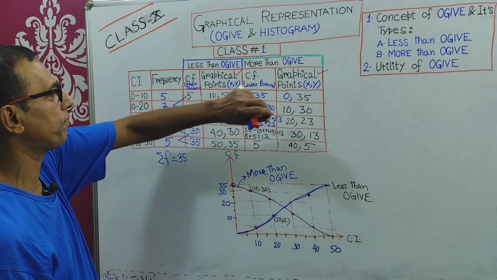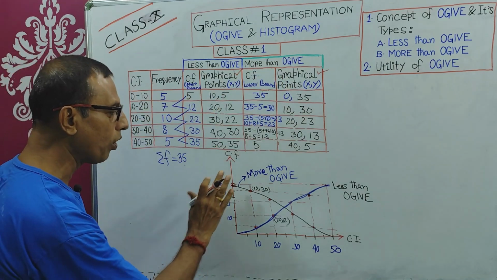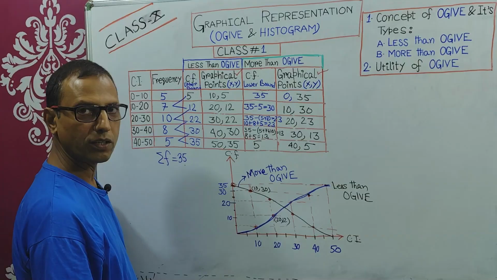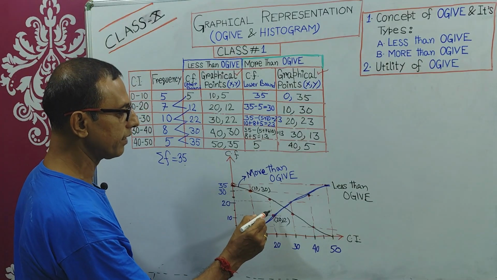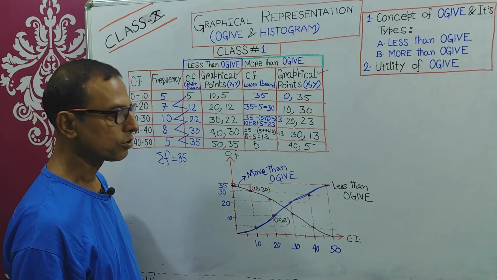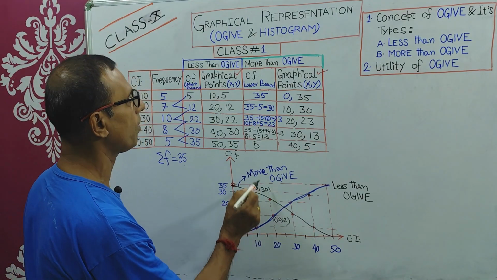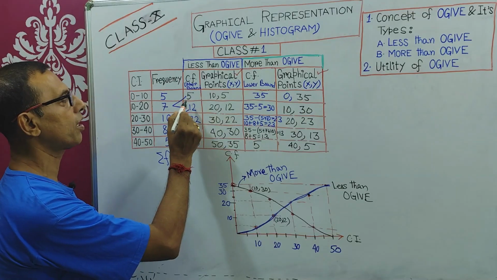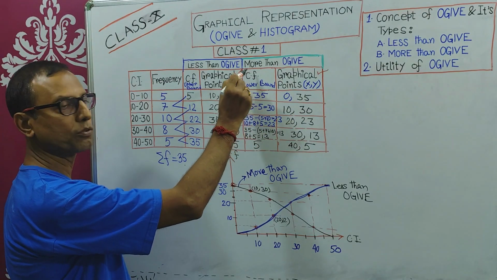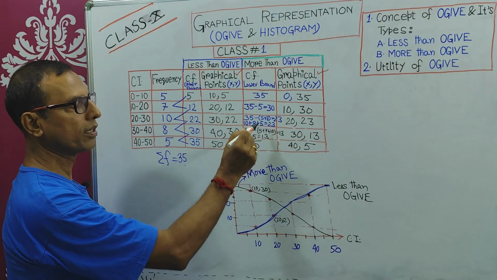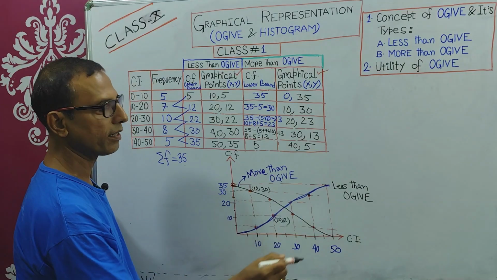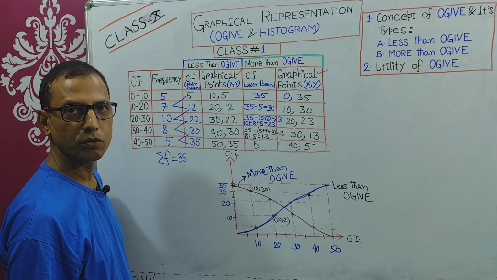So if you don't have the tabular data with you, and only this graph is given and you know exactly what the coordinate of each point is, in that case you can easily interpret what it means. So that is the meaning of the cumulative function, because other than finding the cumulative frequency, you cannot put the data on the less than ogive or more than ogive.